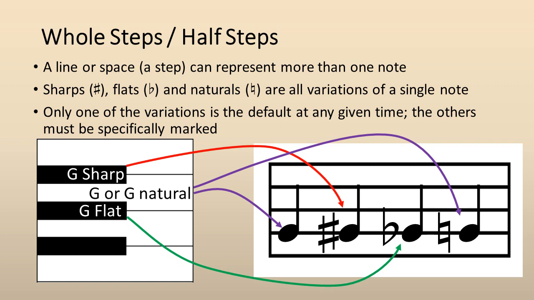You may have heard of sharps, flats, and naturals. These are variations that apply to notes. So a G note can be a G natural, a G sharp, or a G flat, and they're all written on the same line. There's another indication at the beginning of a staff called a key signature that tells you which of those 3, natural, flat, or sharp, will be the default for each note.